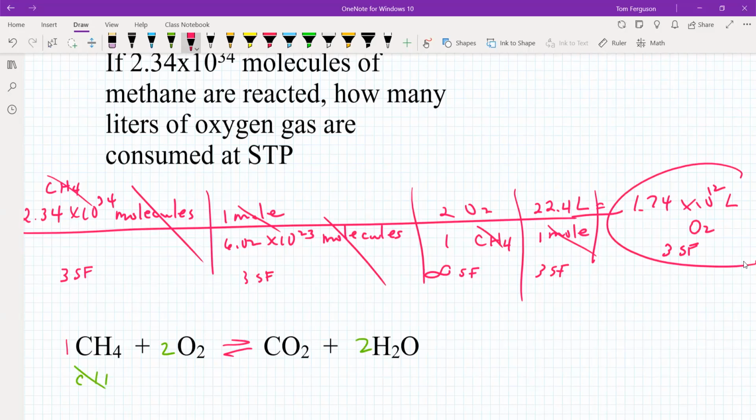So this is 3 sig figs, 1.74 times 10 to the 12th liters. That's a lot of liters.